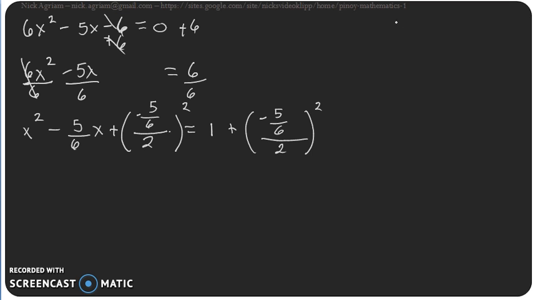When dealing with rational numbers, negative 5/6 divided by 2 is the same as multiplied by half. And we have negative 5/12. So x squared minus 5/6 x plus we have 25 divided by 144.